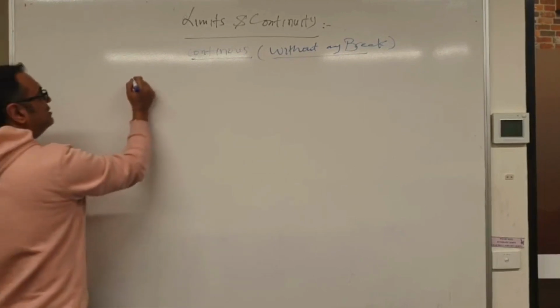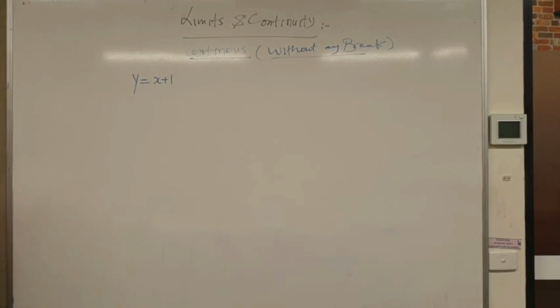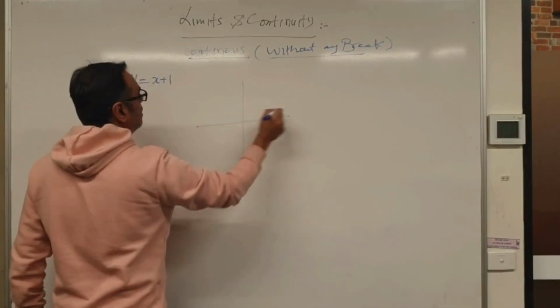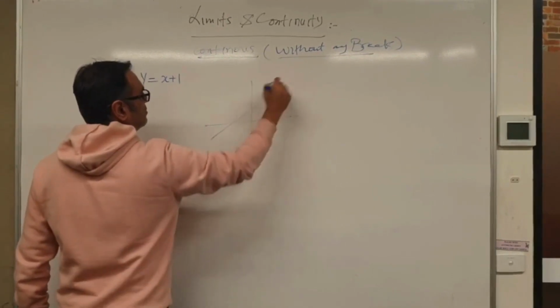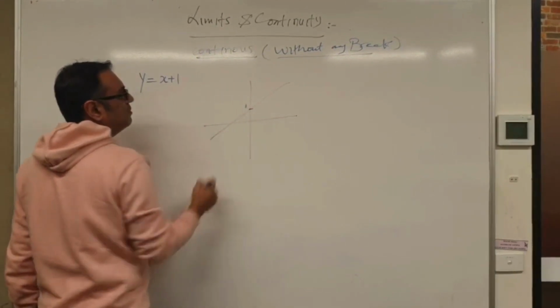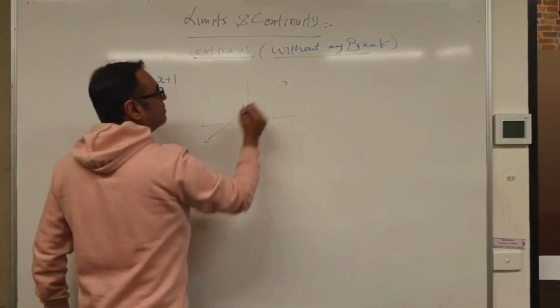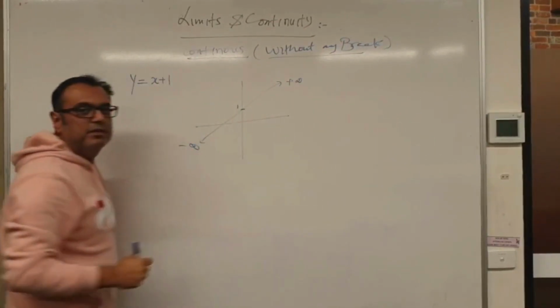So for example, if I say y equals x plus 1, y equals x plus 1 would be what? Something like this. And this will go towards negative infinity, this will go towards positive infinity.